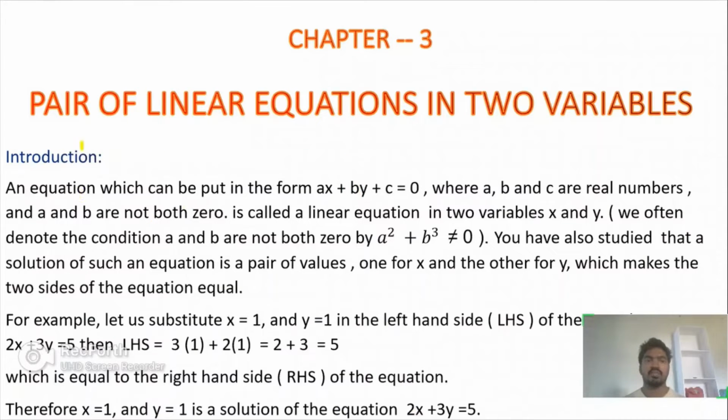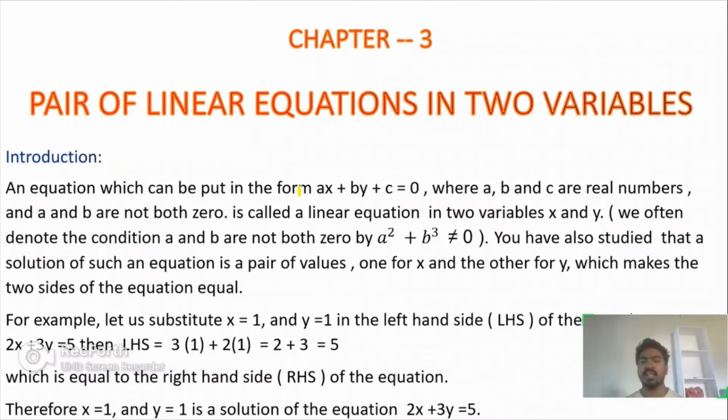Now, coming to its introduction, an equation which can be put in the form ax + by + c = 0, where a, b, c are real numbers and a and b are not both 0, is called a linear equation in two variables x and y.